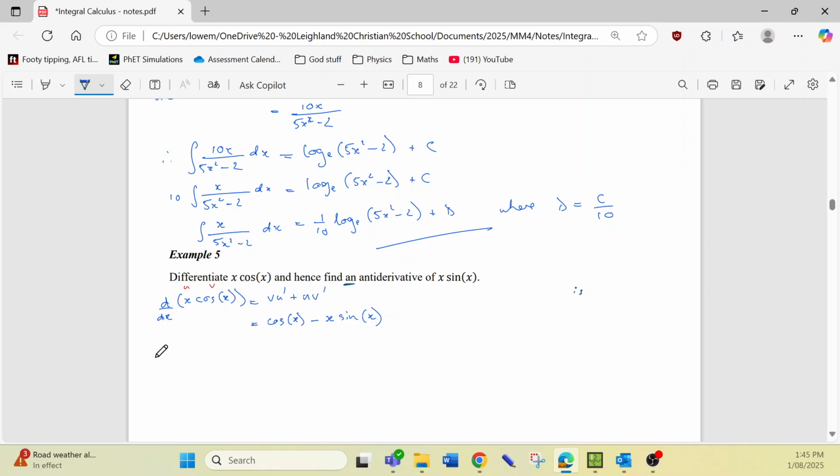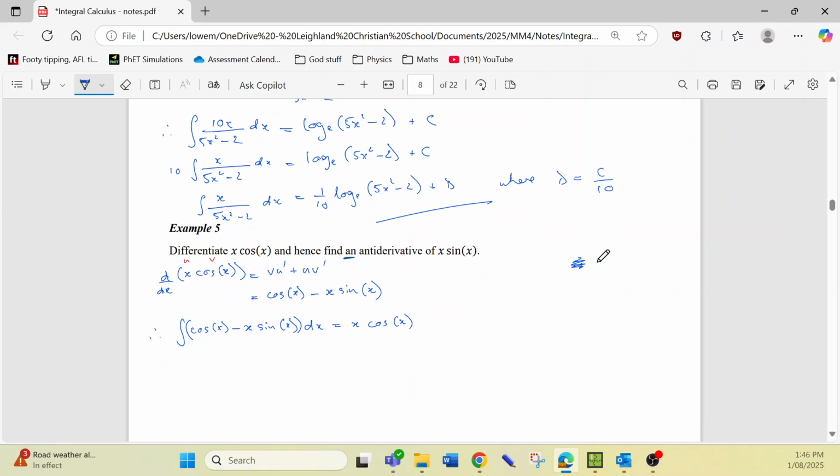Okay, so we can therefore say that the integral of cos x minus x sine x dx is going to be equal to x cos x. I'm actually just going to leave off the constant of integration for the moment. I might just add that one at the end.